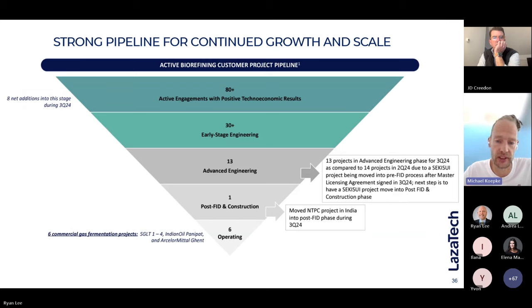In particular, over the last quarter we moved NTPC into the post-FID and construction phase. As mentioned, with Sekisui we signed our first master license agreement and are now looking to move that forward. And we just announced another project in Europe, Aramet, a full CCU and S integrated project.